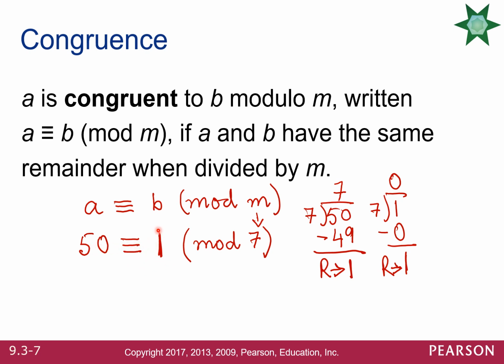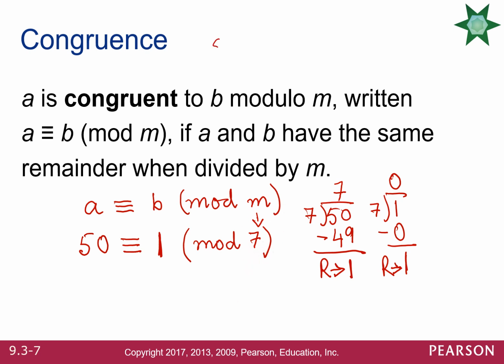Now usually the value of b should be less than the value of m. Remember that in modular arithmetic, the remainder will only take values from 0 to m minus 1.